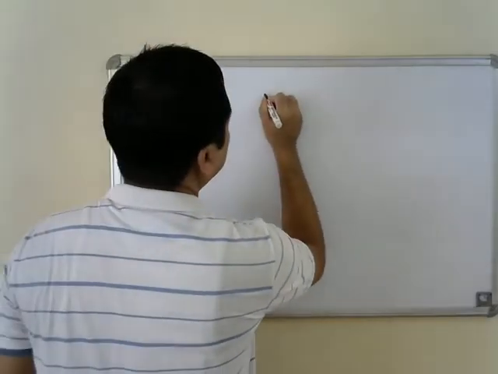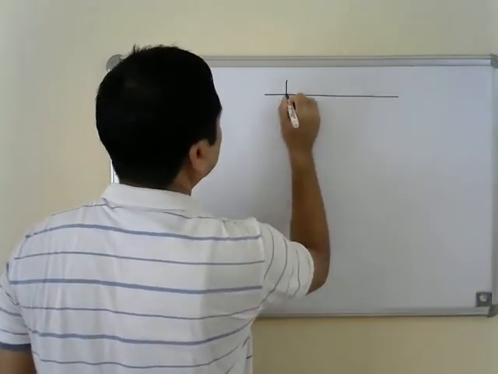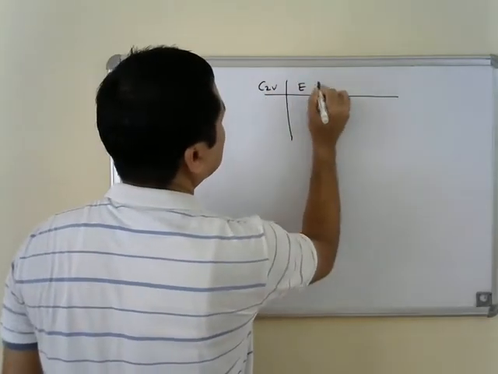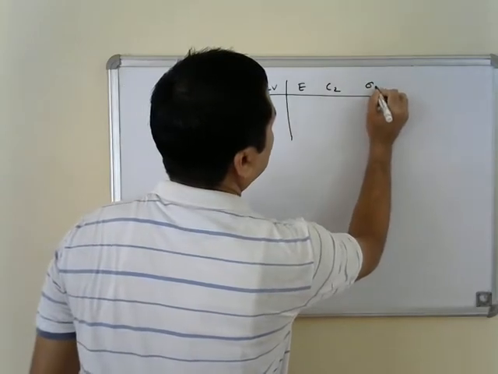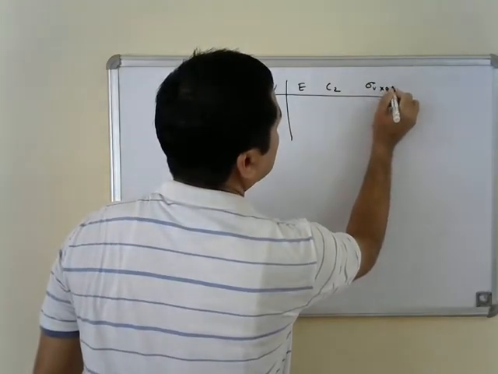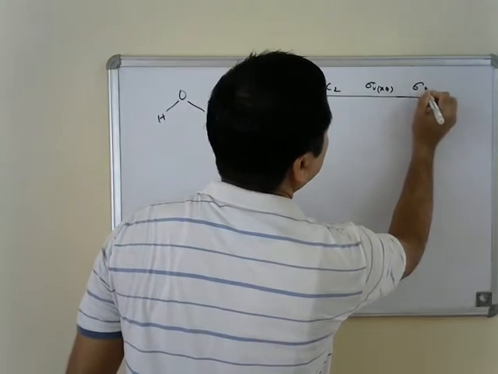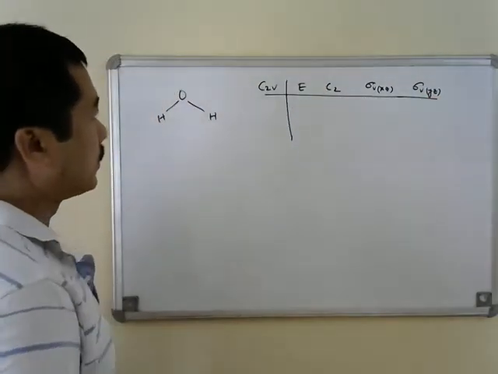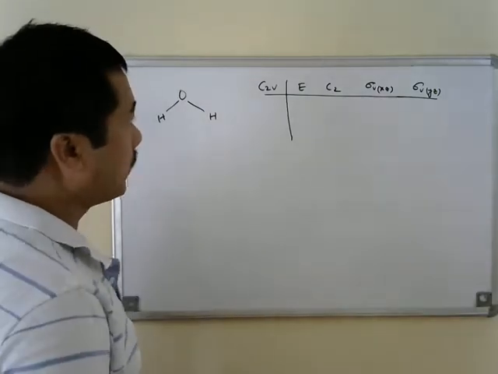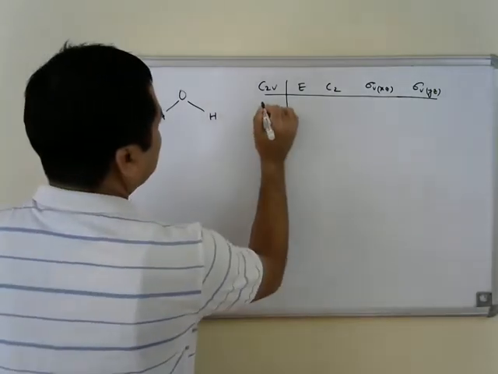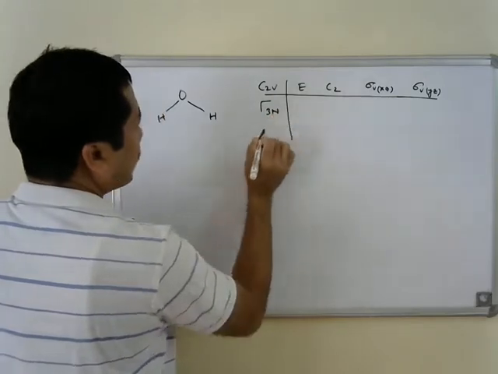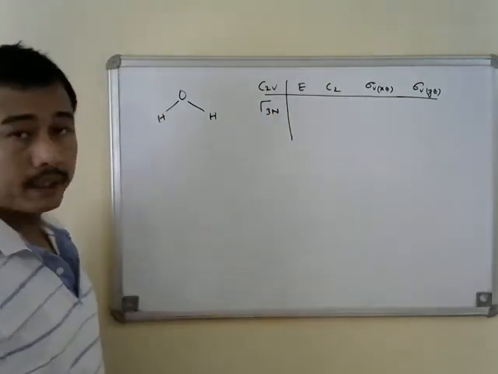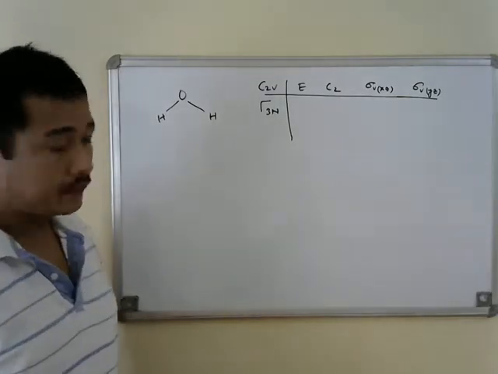by considering the C2v point group. The symmetry operations are identity, C2, sigma v xz, sigma v yz, and when we found a representation by considering the displacement vector on each of the atoms as the basis, that we call gamma 3N.